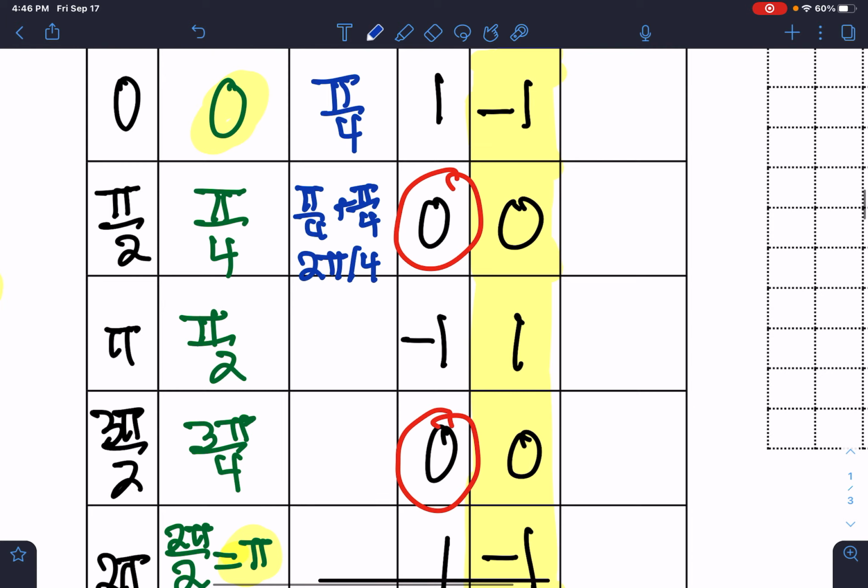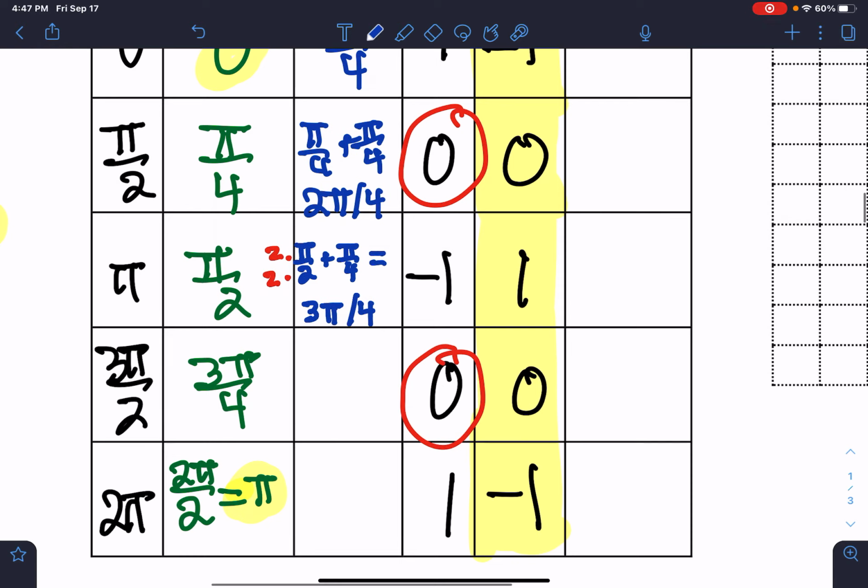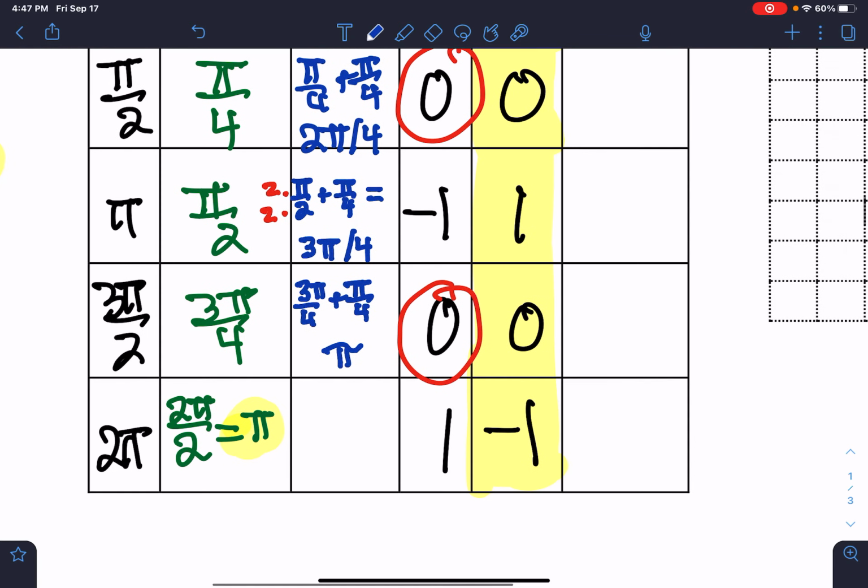So next, I'm going to have pi over 2 plus pi over 4. If we multiply this by 2, I hope that we see that we have 2 pi over 4 plus pi over 4, which is 3 pi over 4. Then we have 3 pi over 4 plus pi over 4, which is 4 pi over 4, which is pi.